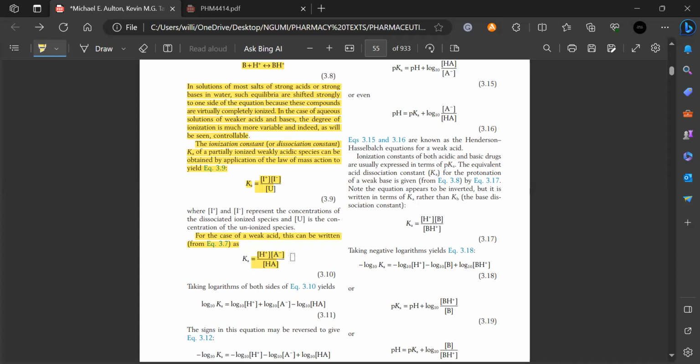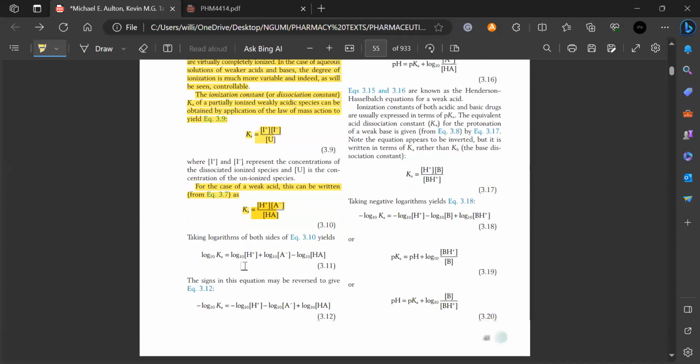So if we do H plus times A minus divided by HA, we expect to find the Ka, or the dissociation constant of the acid.